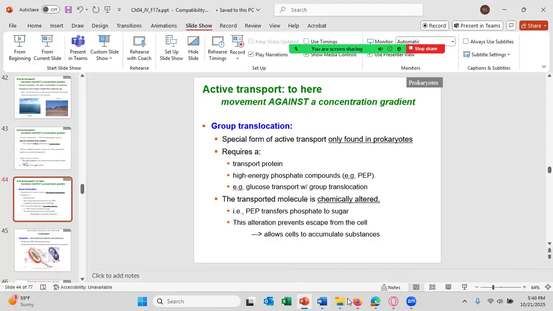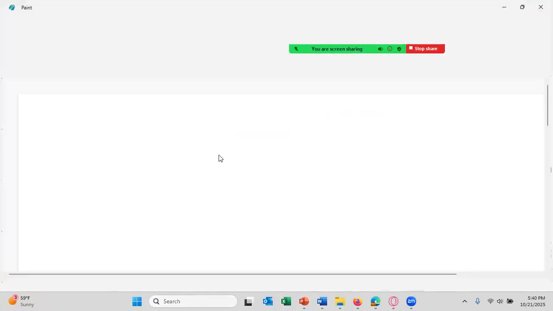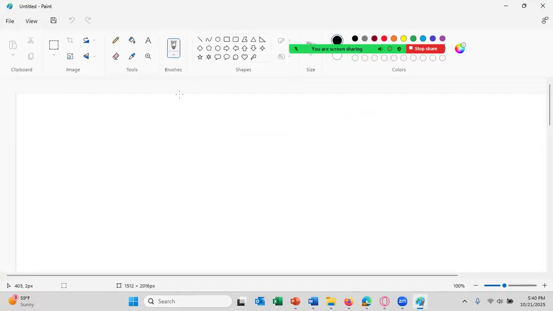What would be a good one to do? Probably paint. So here's our cell. And then we have low concentration outside the cell of a molecule.